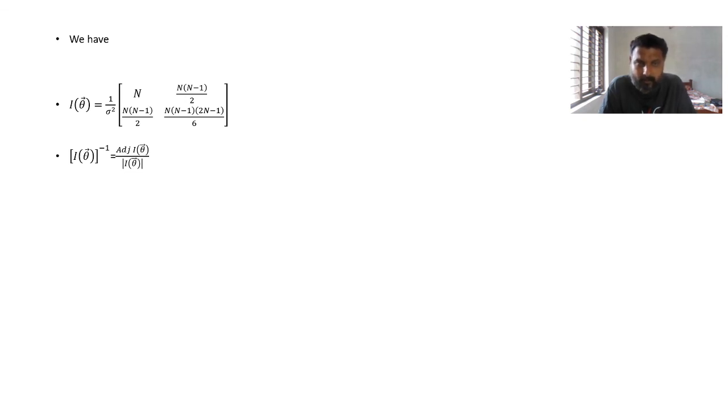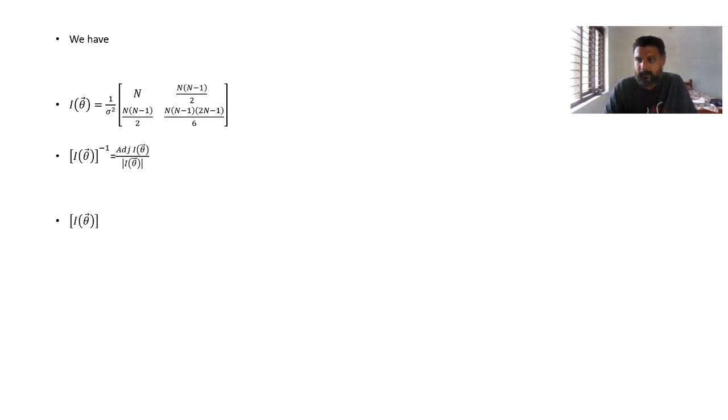Afterwards you substitute that, you will get the determinant of A. In order to take the adjoint of A, I think in the last case I indicated that. In the first two you just interchange the elements as well as the sign. Okay, you will get the adjoint of A, and using that you divide the adjoint of A by determinant of A, and you will get I of theta inverse.